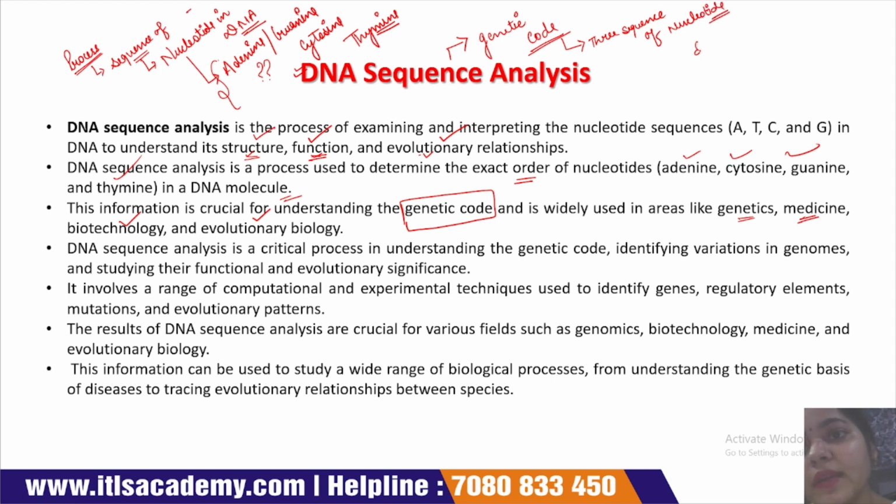For example, UAA. What is UAA? That is uracil, adenine, and adenine. This is a genetic code, and it is responsible for stopping or terminating translation. It is a stop codon.